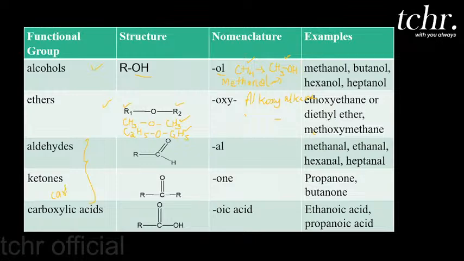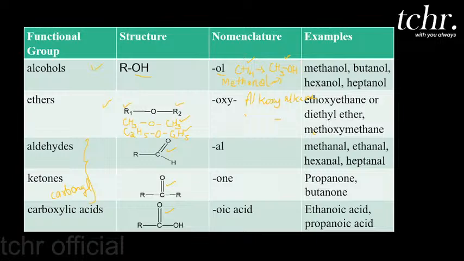In general, we name them as carbonyl compounds. Why are they called carbonyl compounds? Because all the three have in common the carbonyl group. Carbonyl group means C double bond O. Are you able to observe? See? C double bond O. They have carbonyl groups. Now first, aldehyde.